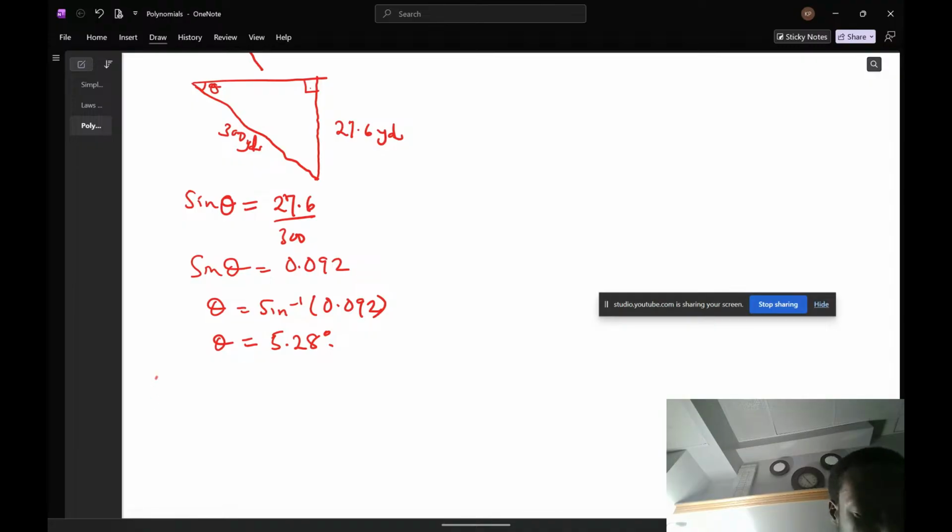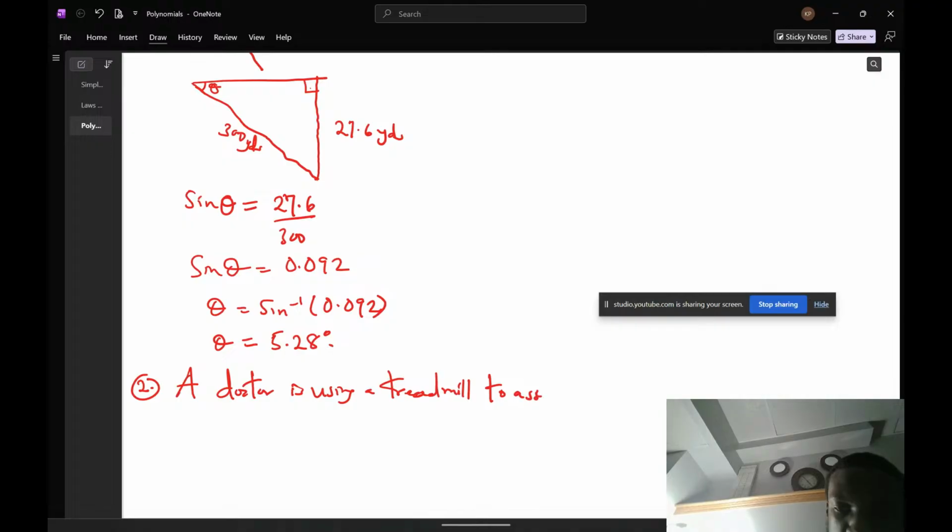So I want to do another question. Another question says that a doctor is using a treadmill to assess the strength of a patient's heart.